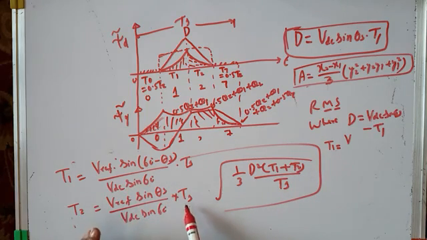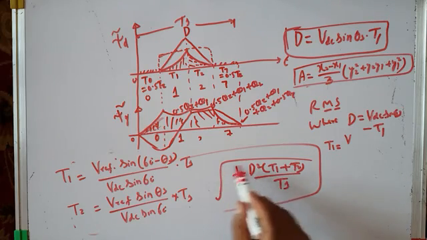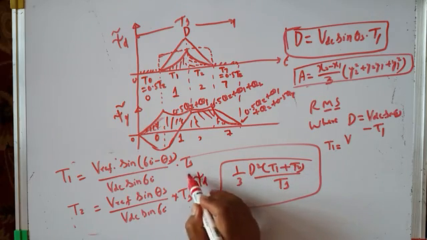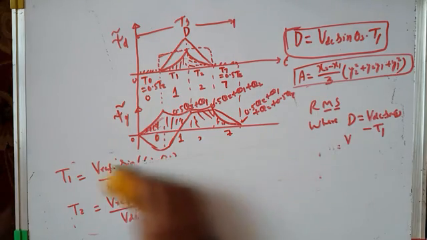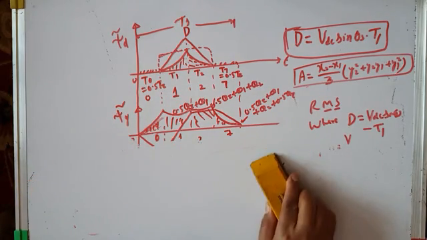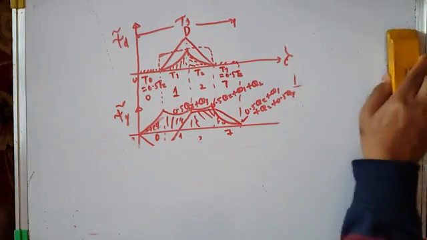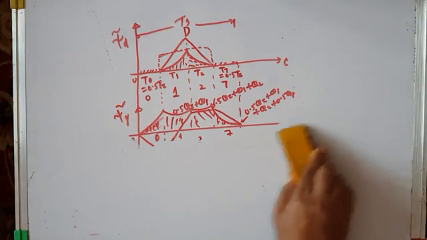We know all these equations. Substitute here, take the square root of this. That will give you the RMS value of the d component of stator flux ripple. Stator flux ripple d component RMS value will be given by this.